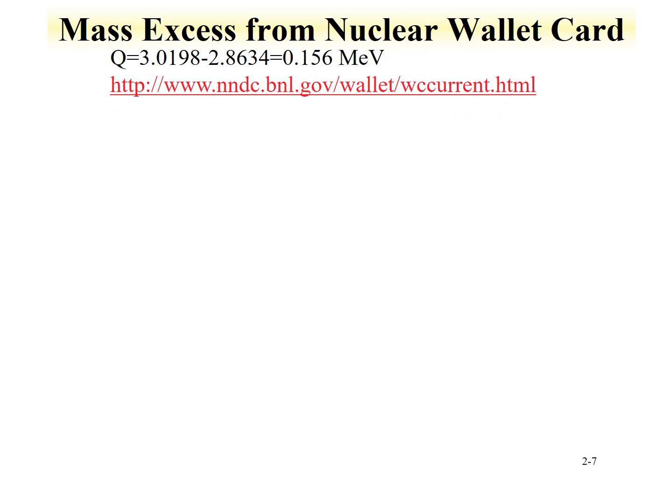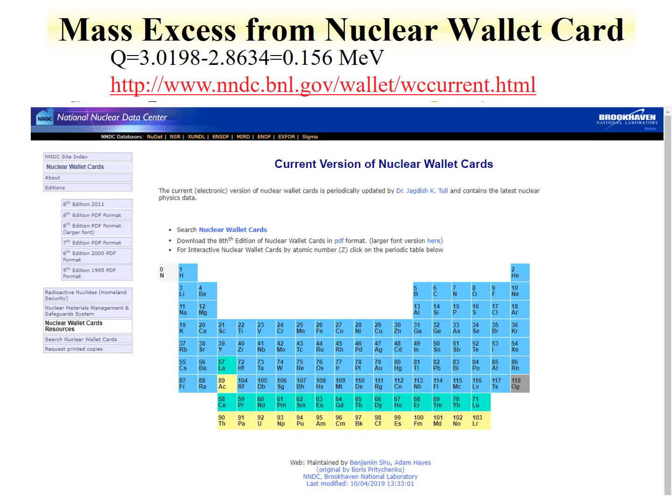So I'll show you what that would look like if you were to go to this website and click on it. You would find a periodic table that would pull up, find carbon and nitrogen as they are shown here, click on them in series. So you would select carbon, get the data, select nitrogen, then get your data.